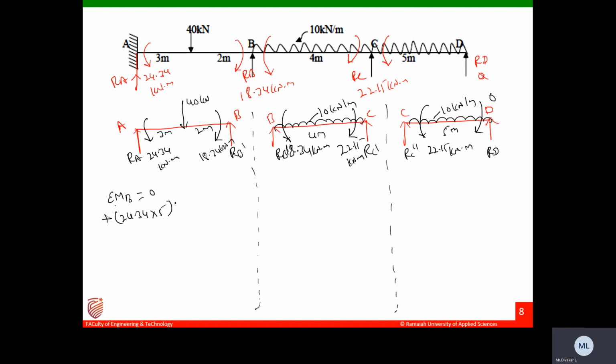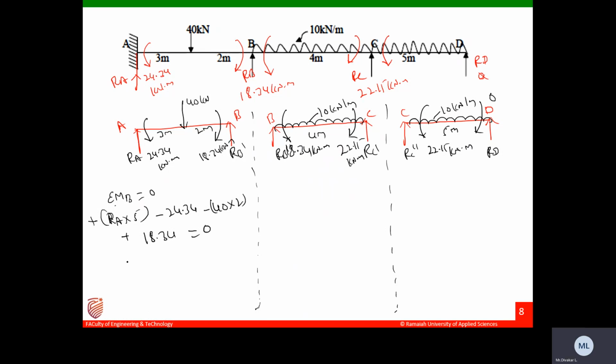Sorry guys, it's not 24. RA into 5, rotating clockwise plus, minus 24.34, minus 40 into 2, plus 18.34, that equals to 0.